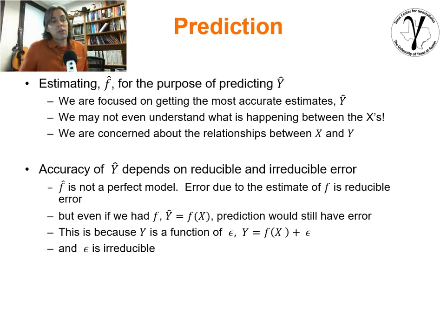And so the accuracy of y hat depends on reducible and irreducible error. Now we acknowledge that f hat is not a perfect model, due to the fact that it's an estimate of f. And so there are going to be components that are reducible and irreducible. But even if we had f perfectly, prediction would still have some error.